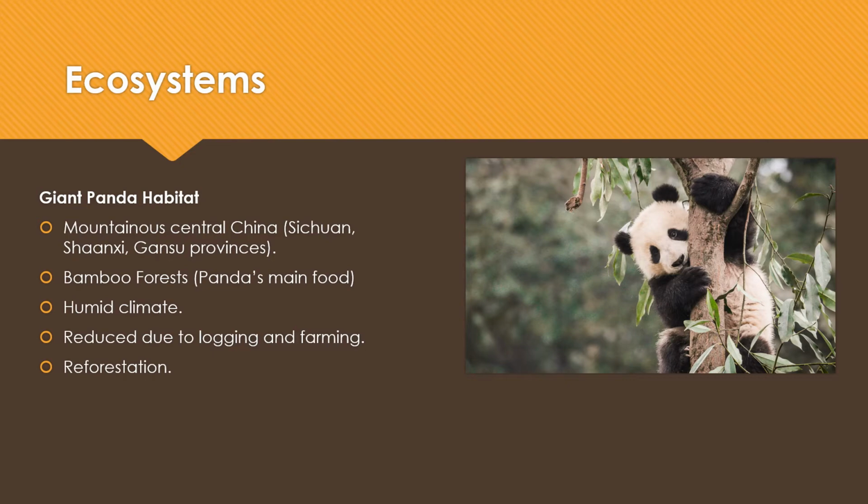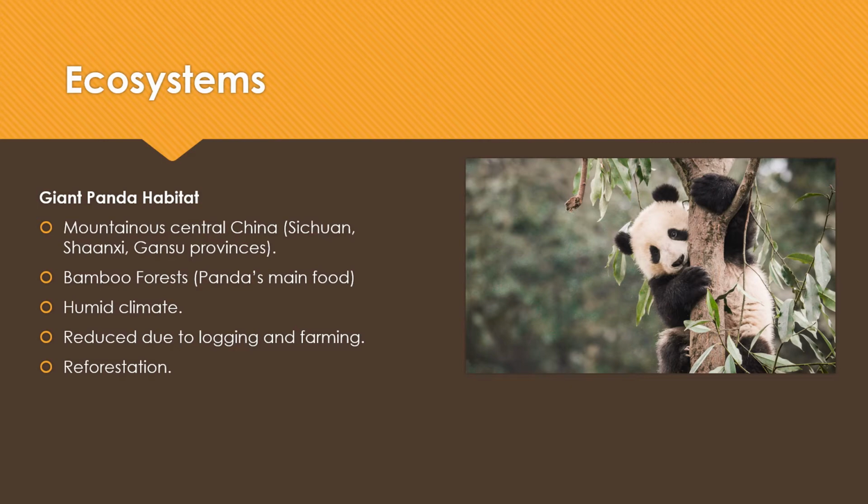The forests that pandas are found in have actually been reduced because of logging, which is when they cut down trees and then use the timber for various different products. And because of farming, so they might have cleared their area and then planted crops there to be able to sell and eat. However, more recently, the Chinese government have seen that pandas are really valuable.